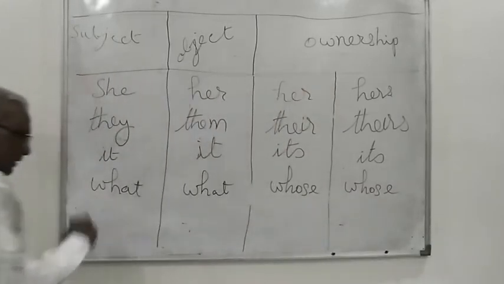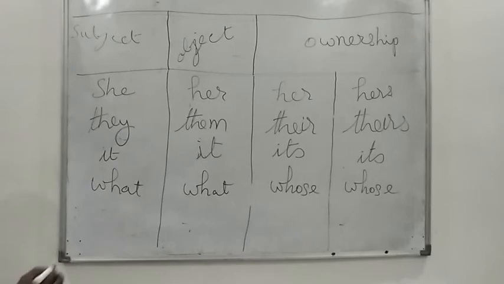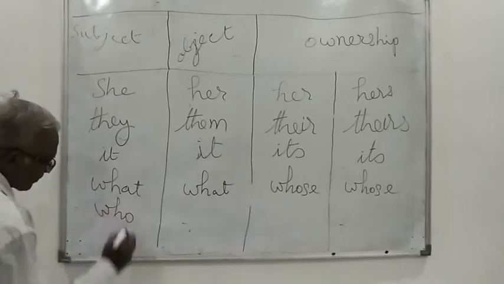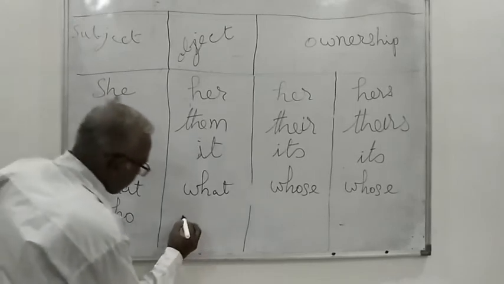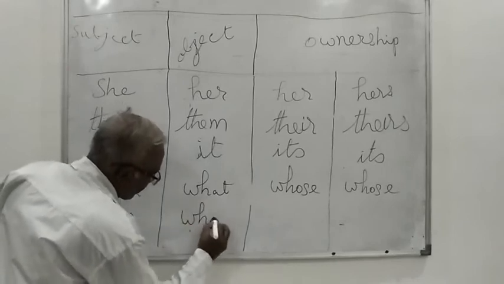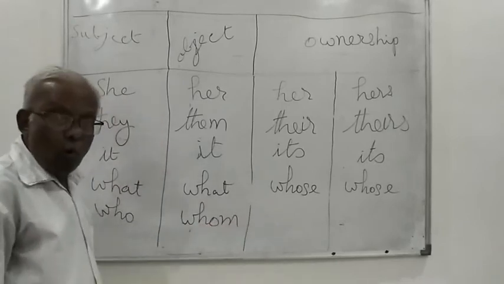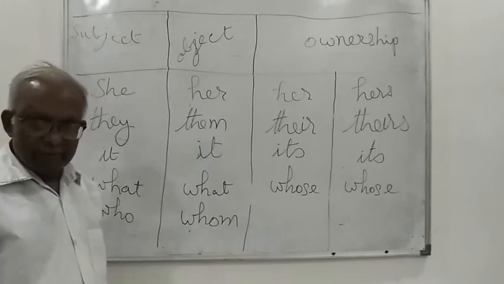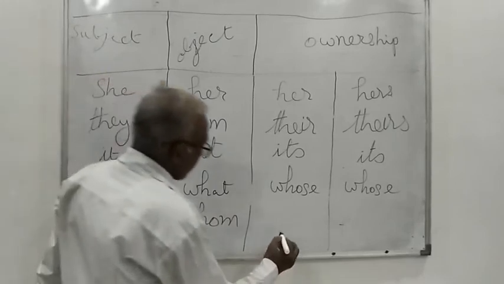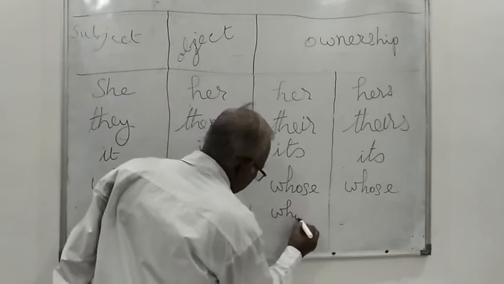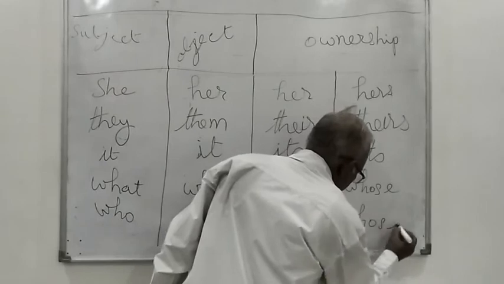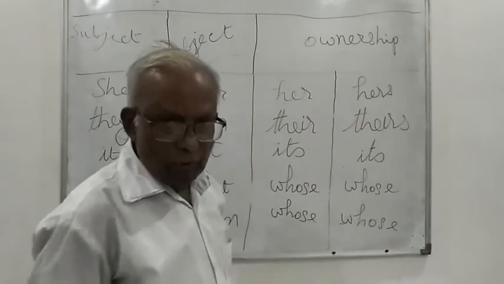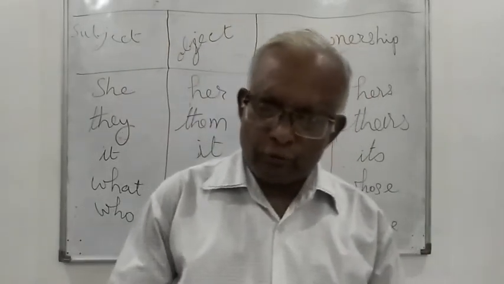We can also ask the question who to find the subject. We ask the question who before the verb. To find the object, we ask the question whom after the verb, and then we can ask again whose. These are the common pronouns that we make use of.